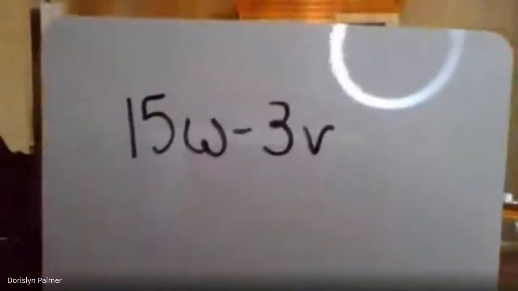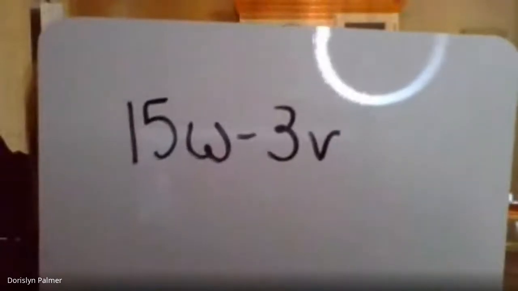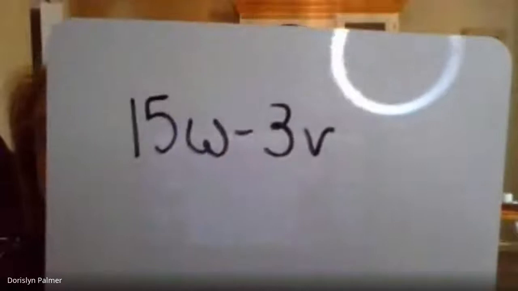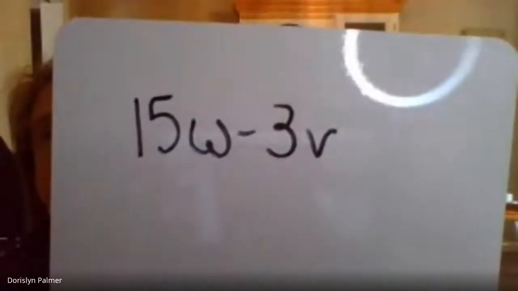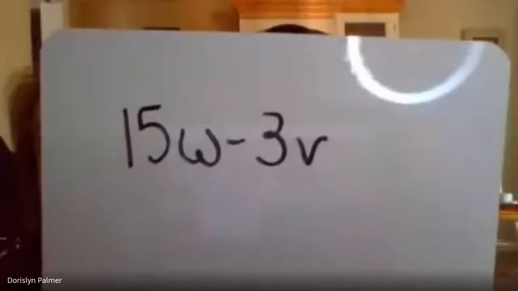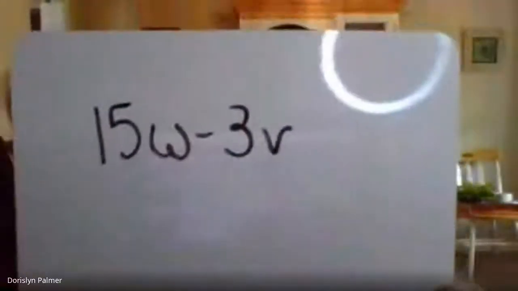So first we look at the numbers, okay? Matthew, I'm going with you. Look at your numbers, 15 and 3. What's the greatest common factor? What's the biggest number you could divide both of those by? 5. I can't divide 3 by 5. Oh, 3. 3, good.